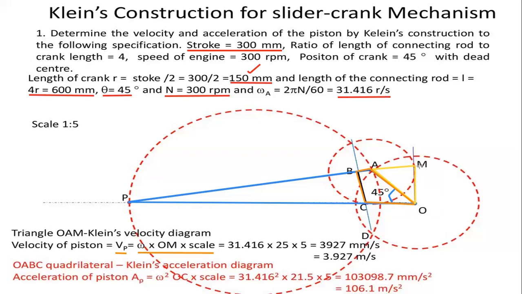Scaling is taken as 5 because scaling we are taking it as 1:5. So here I am taking the value as 5. So therefore omega is 31.416, and OM by measurement we got the length 25 and total into 5, that is 3927 millimeters per second.